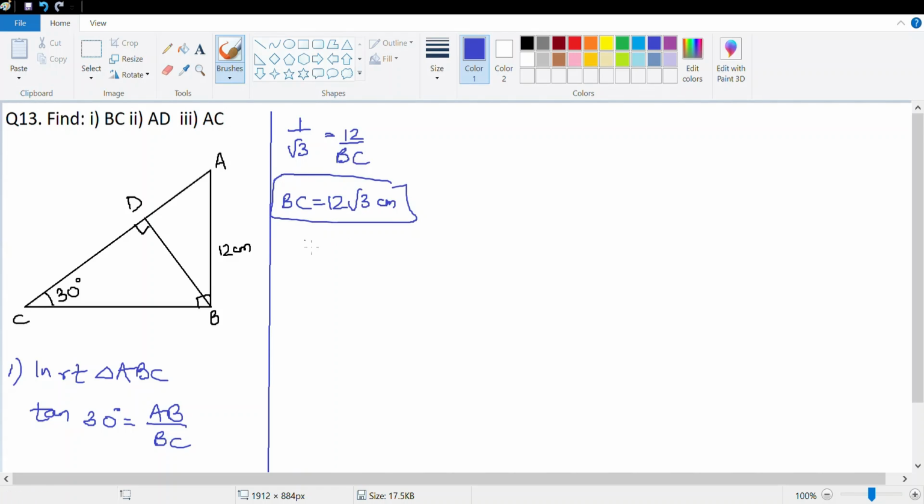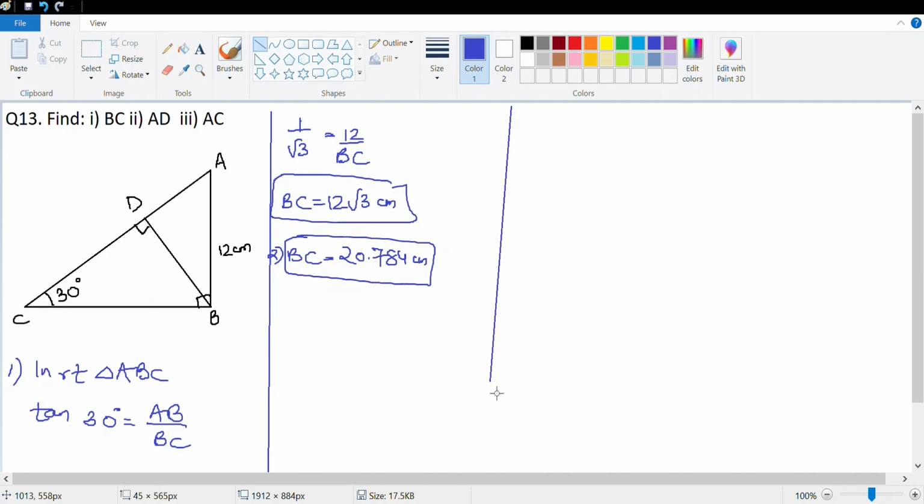And if I multiply 12 with 1.732, my answer is 20.784 centimeter. Therefore, BC is equal to 20.784 centimeter. So the first part of the question is done.